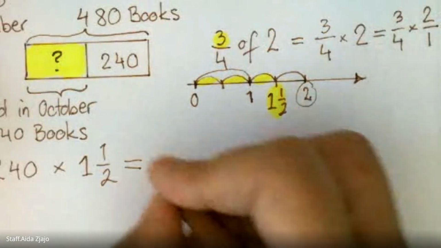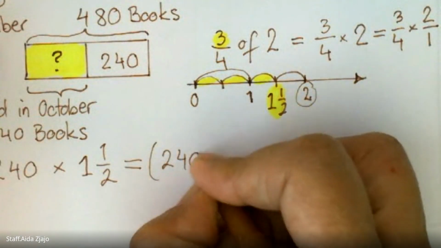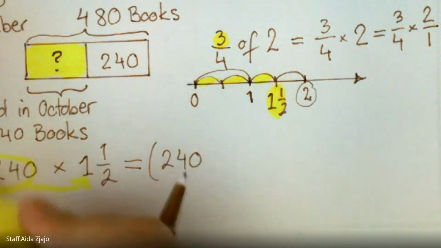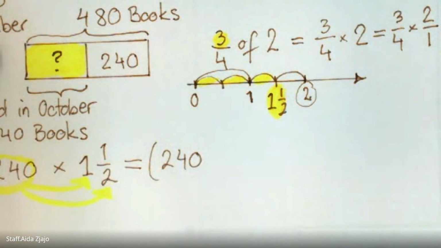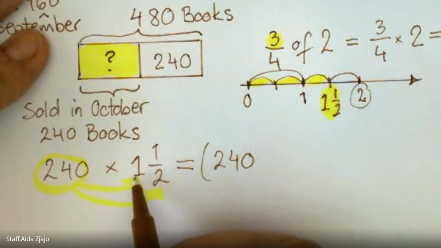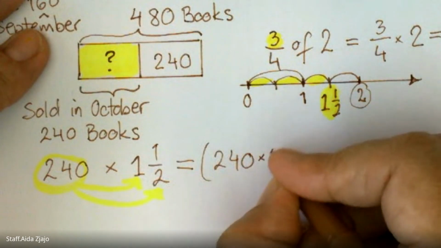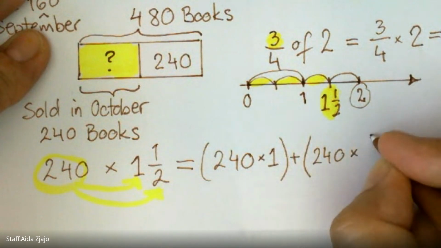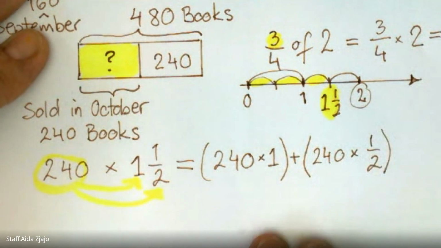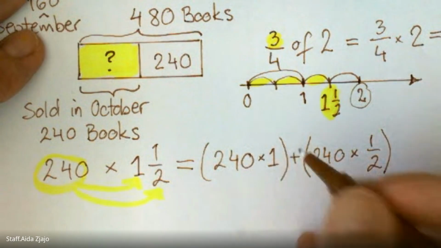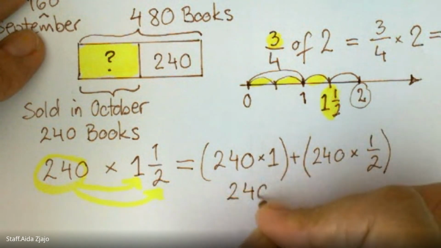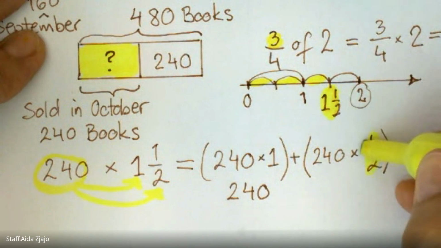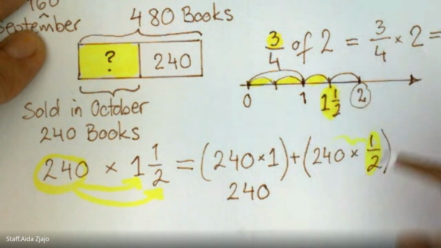You do the whole number by 1 and then the whole number by half. 240 times 1 plus 240 times 1/2. 240 times 1 is 240, and you can also see this as what is 1/2 of 240.